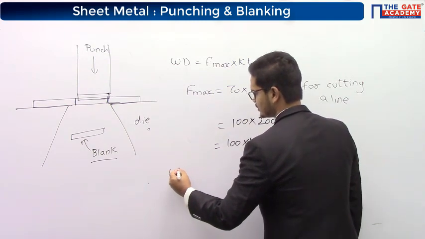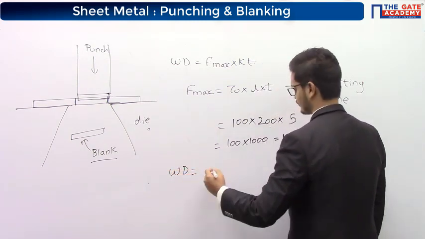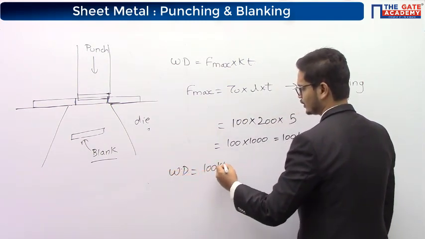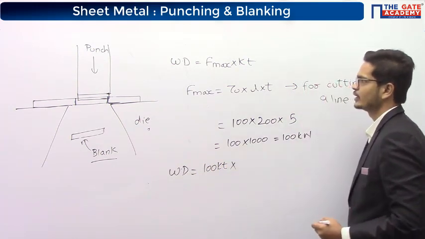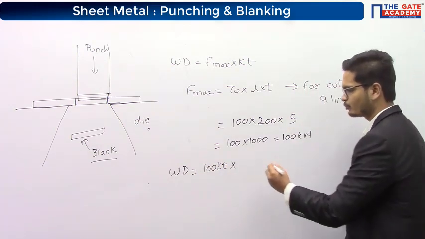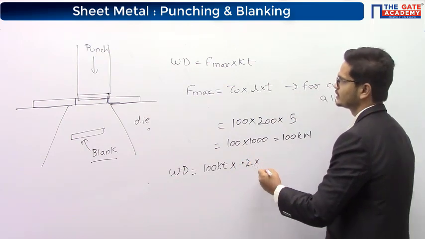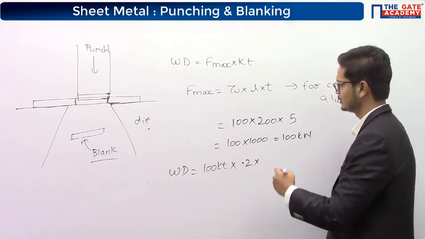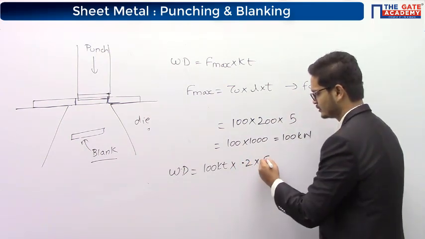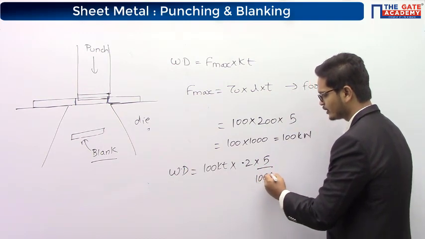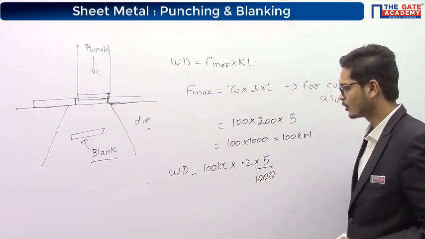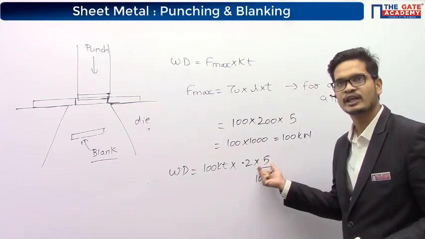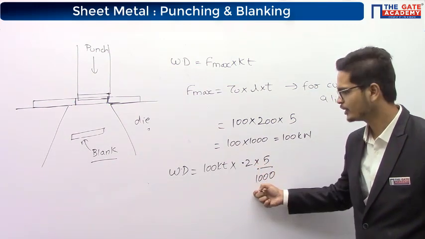Work done is 100 kilonewton into kT. K is 0.2. Thickness is 5, and this entire thing divided by 1000, because this 5 is in mm and I need to convert it to meter.